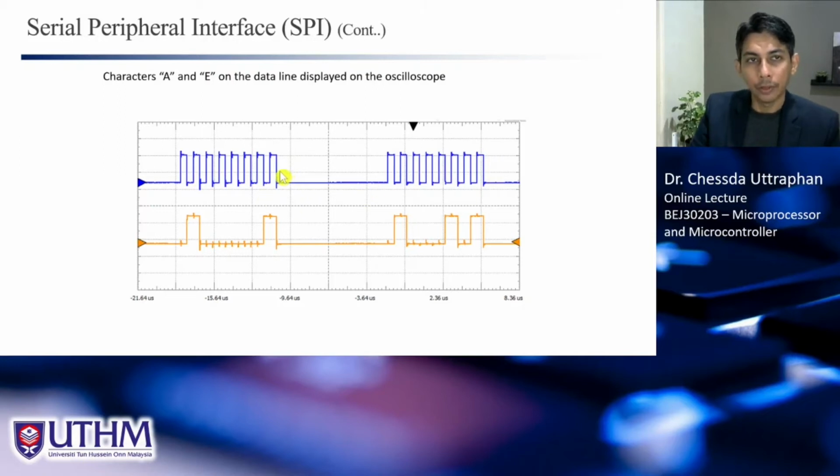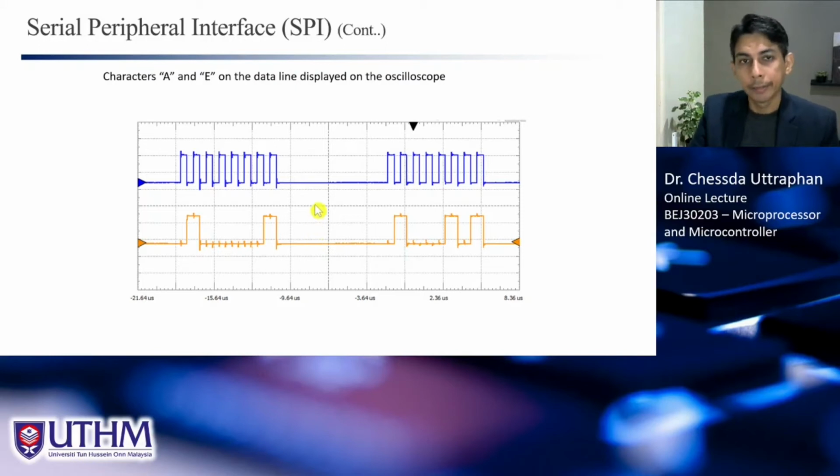But for SPI, it is only data and the clock. There is no extra bit to define the data. So it is fast compared to other serial communication protocols, and also it is the simplest one, right? So that is the advantage of SPI communication.